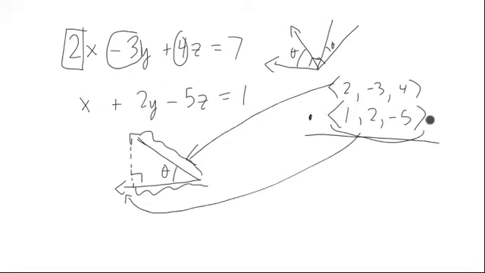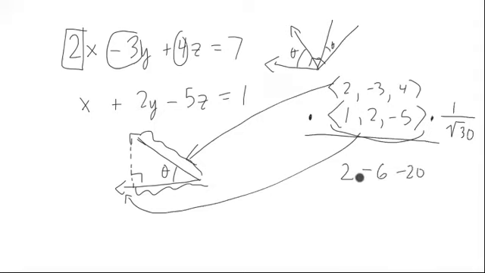So to make it a unit vector, we multiply it by 1 over its length, which is the square root of 1 squared plus 2 squared plus 5 squared, which happens to be 30. So square root of 30. Okay, so now it's just the dot product. So we get 2 and -6 and -20.